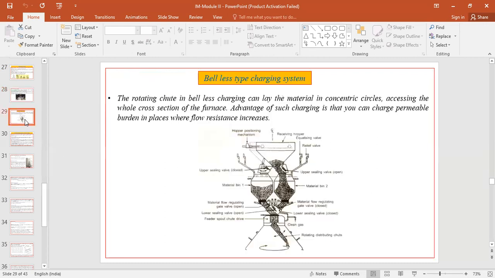In place of bells, we have a rotating chute. You can see this is the rotating chute we have.